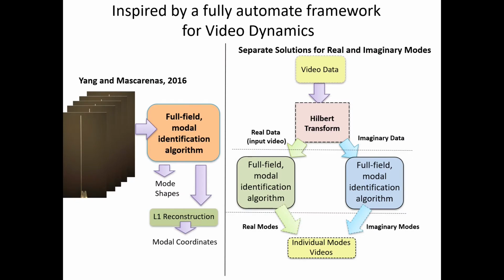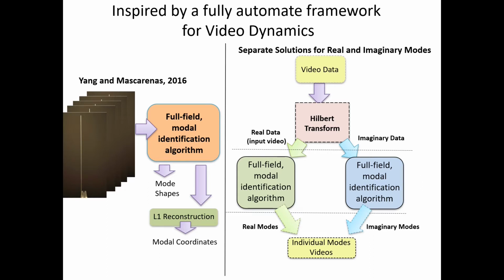With the previous framework in mind, our present work proposes a solution for estimating complex modes. As will be later demonstrated, the usual framework is capable of estimating real modes only. For this case, we propose to compute separate solutions for real and imaginary modes after a data augmentation step using the Hilbert transform.